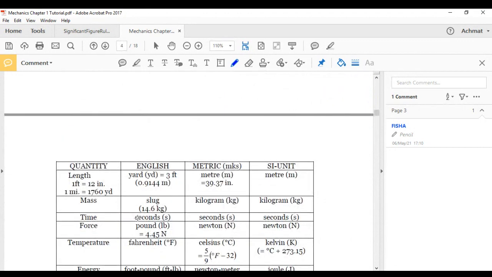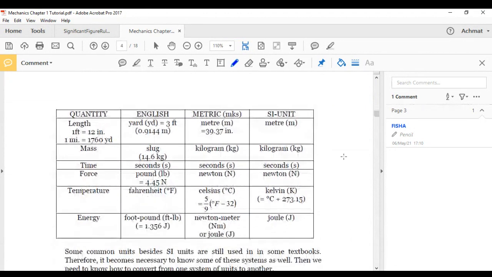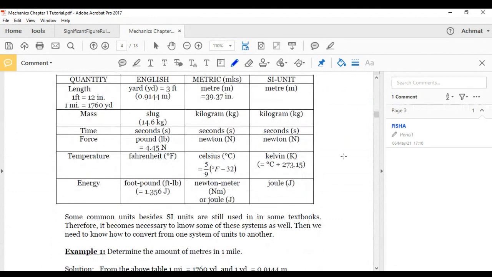Okay, here are some examples just to show you. Just as a matter of interest, students, in your Mech Ch1 course, you might see a similar table. So if you have a physical quantity, length, here we have what we call the English unit. This can be the English or the customary British or American US units.